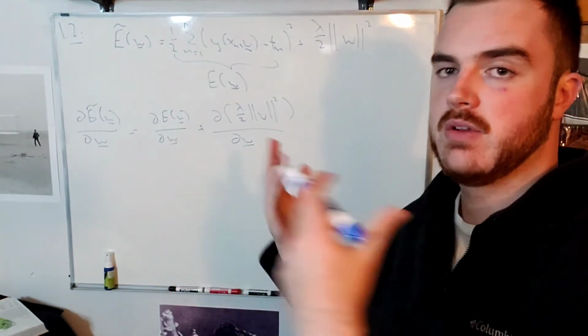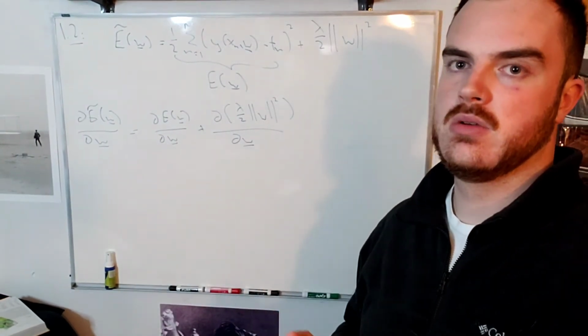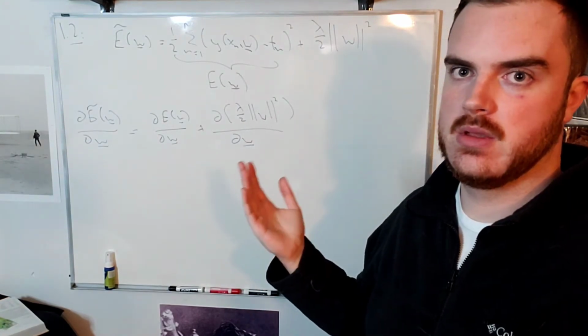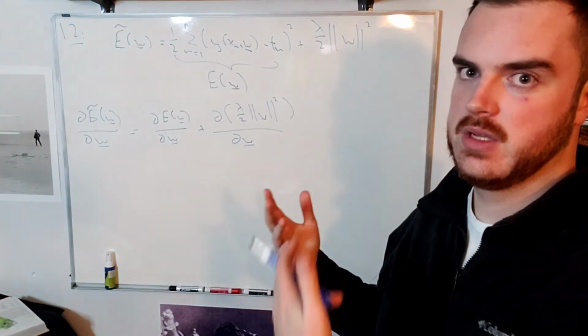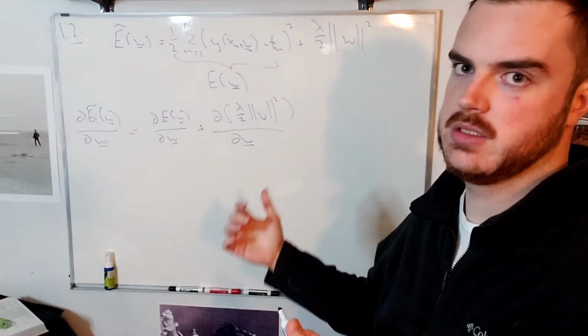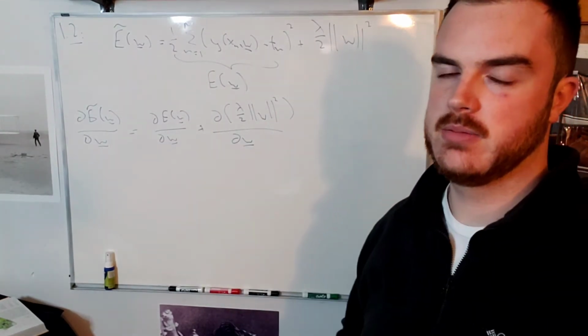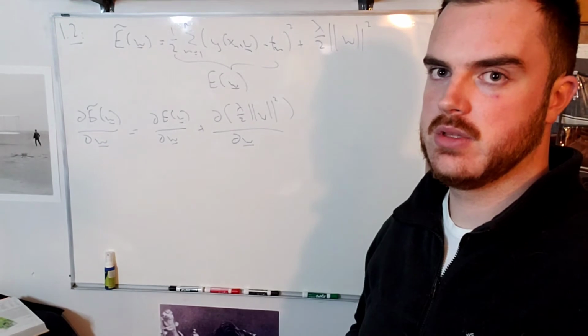So if you're taking the derivative of a plus b with respect to x, it's the same thing as taking the derivative of a with respect to x plus the derivative of b with respect to x. It's a linear operator, so you can separate those out.